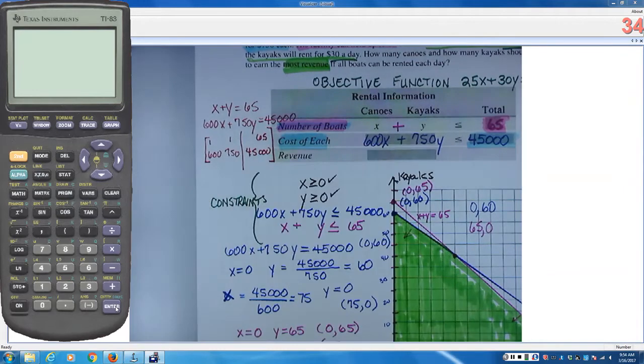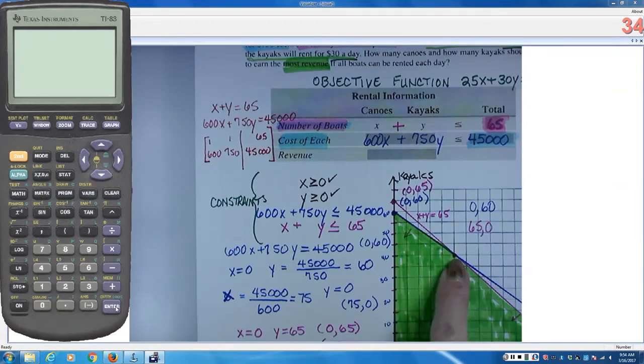And then I'm going to use the reduced row echelon form of that matrix to find this point.